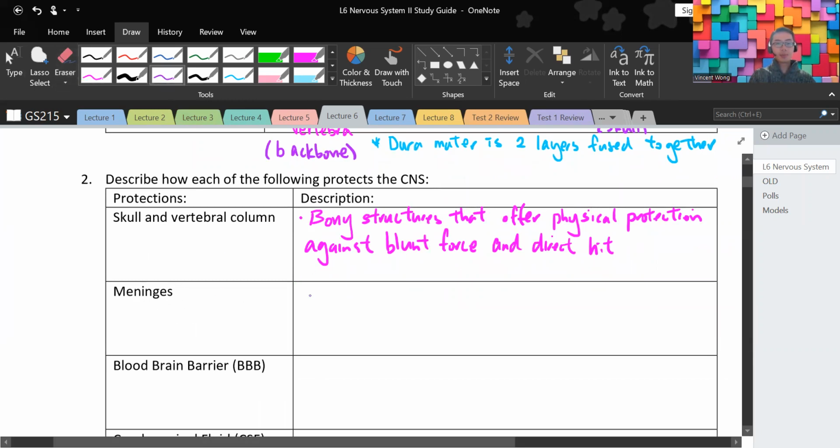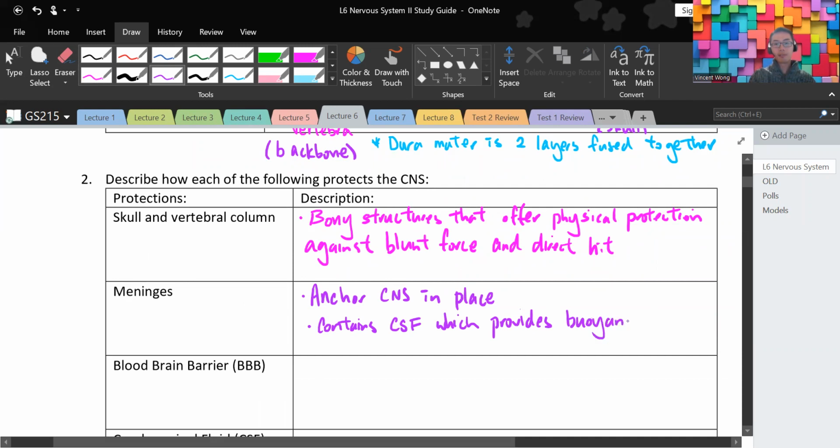The meninges anchor the central nervous system in place, so it's not going to be rattling around inside your skull. And also, because the arachnoid layer in the middle contains cerebrospinal fluid, which provides buoyancy, like a floating force.